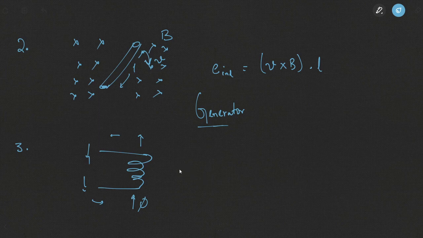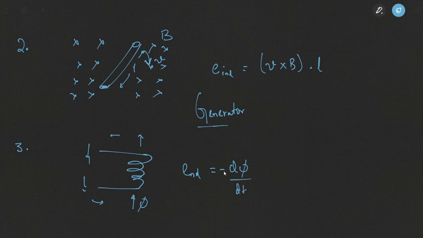Therefore voltage will be induced in this coil, and this voltage will be equal to d phi by dt. Fine. And it will be negative as per Lenz's law.